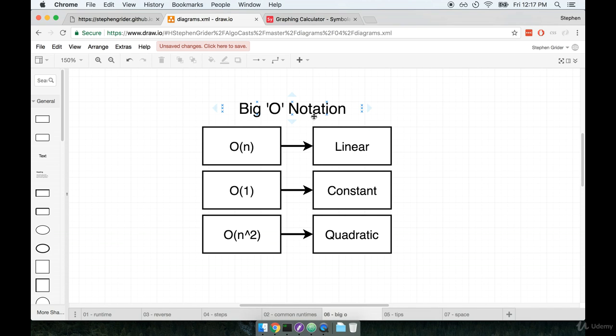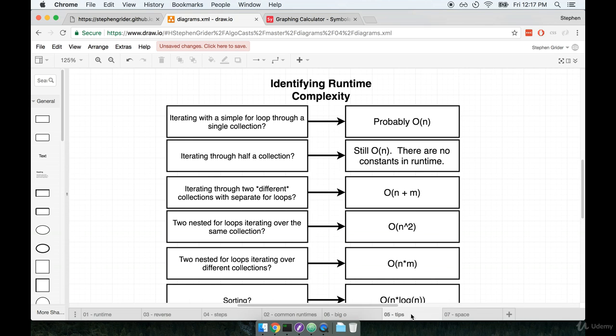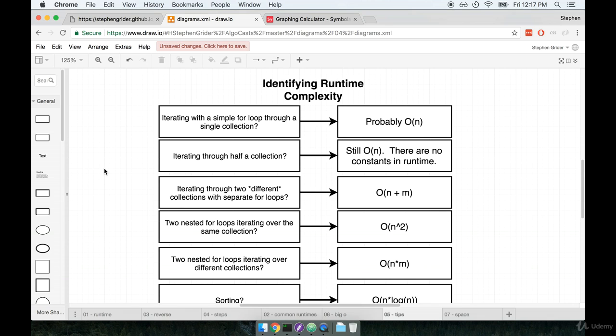The term big O in general means something slightly different in the academic world, but in an interview setting, anytime you hear runtime complexity or big O notation or anything like that, they're always asking you what is the efficiency of your algorithm.